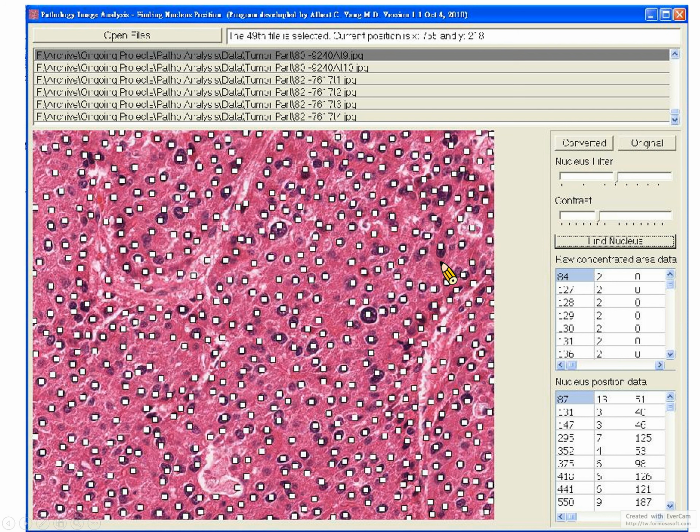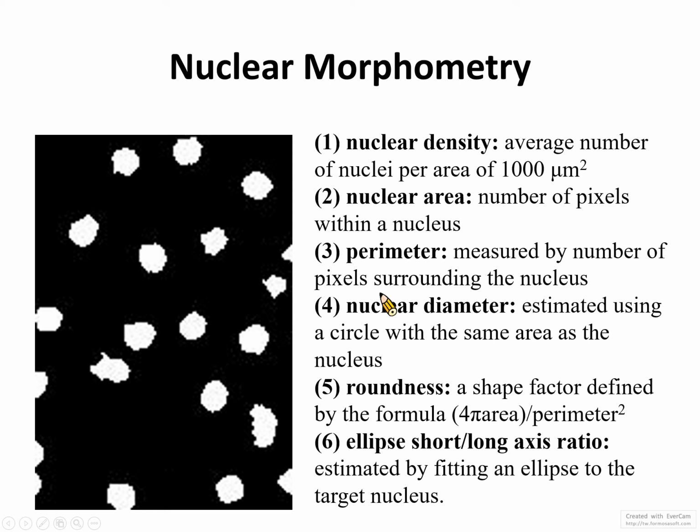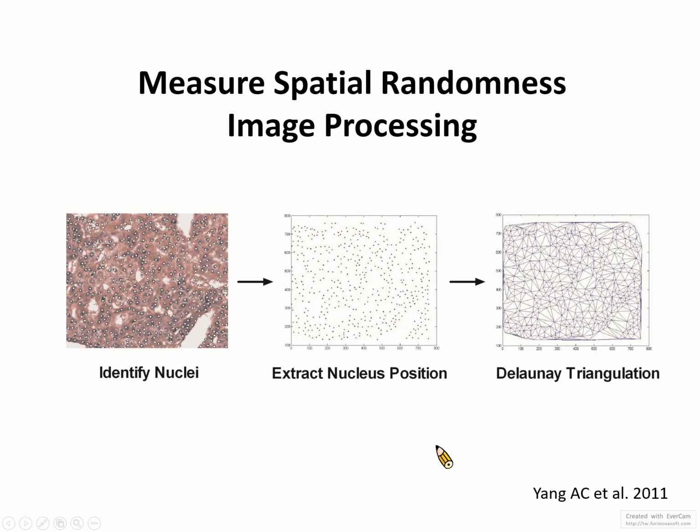At that time I wrote a program myself to identify the nuclei in these images, and we could quantify the nuclear morphology based on nuclear density, nuclear area, perimeter, nuclear diameter, roundness, ellipse, and other characteristics of nuclear morphology. At that time, I used a particular mathematical method called Delaunay triangulation to identify the randomness of the nuclei.